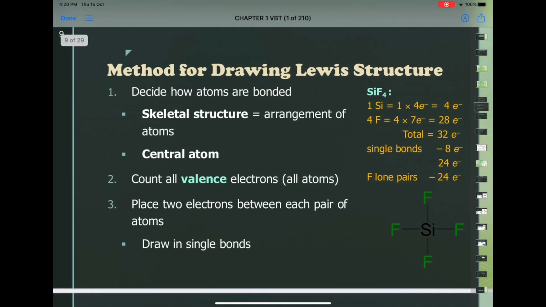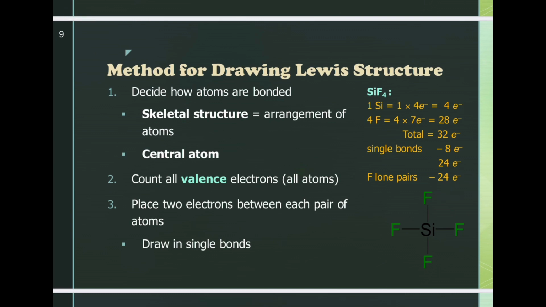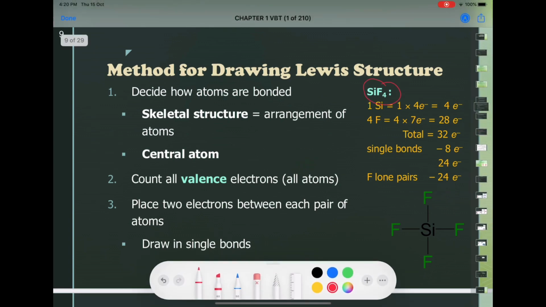Method for drawing a Lewis structure: first, decide how atoms are bonded. For example, look at SiF4, silicon fluoride. This is the skeletal structure, the arrangement of atoms.